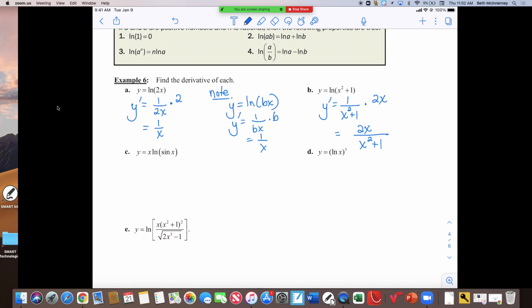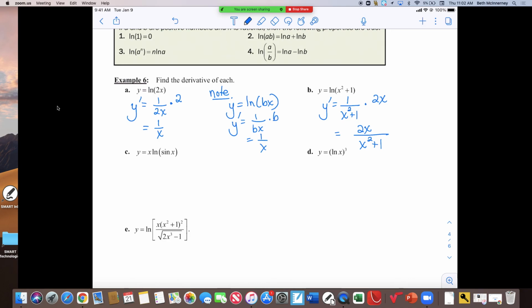All right, now, this is letter C. This is the first time that we're going to do a product rule problem. This one requires the product rule because I have x times the natural log of sine x. I have a variable x in both factors of that product. So I'm going to use the product rule.